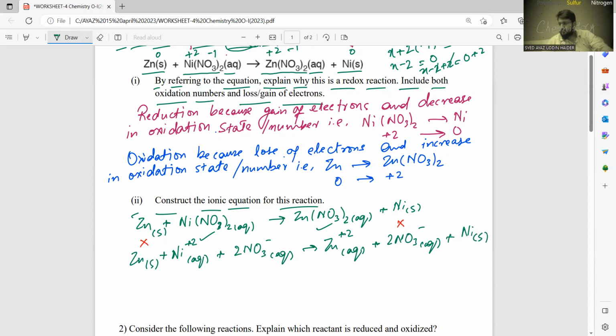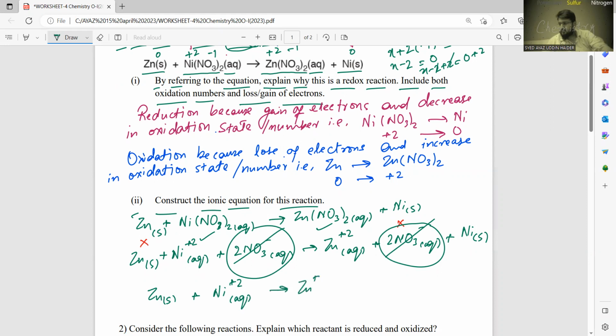Now see the common ions, common or spectator ions. We have two common ions. Both the nitrate ions on reactant side and product side are common, so we'll cut out these. So the final equation will be Zn plus Ni 2+ aqueous gives Zn 2+ aqueous plus Ni.